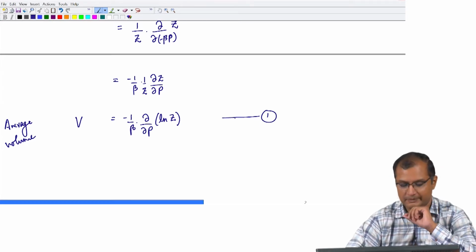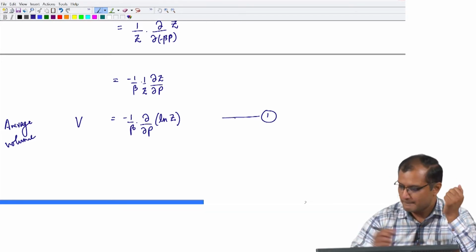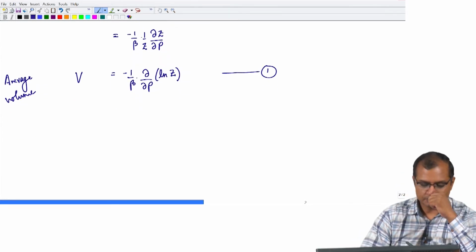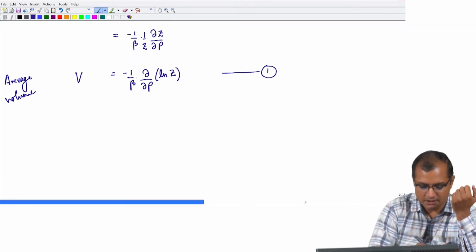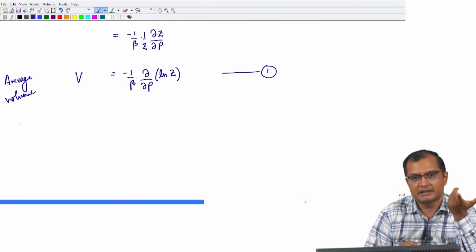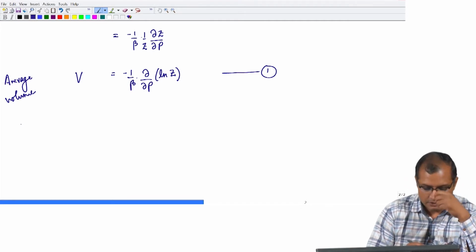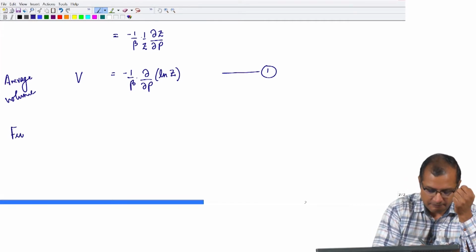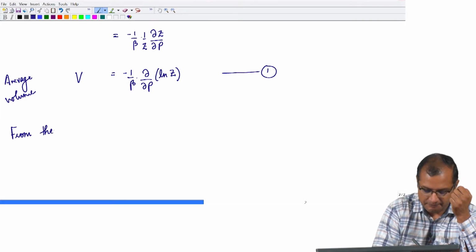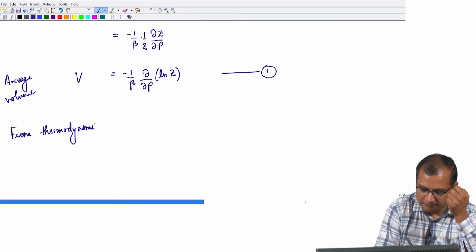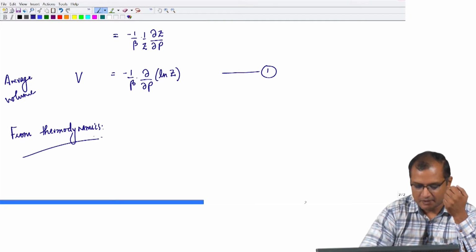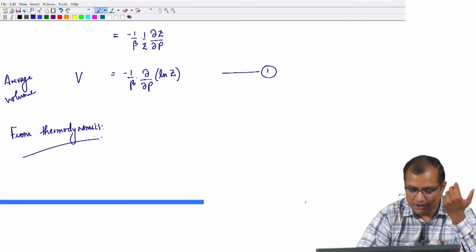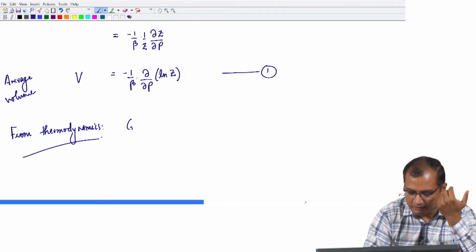Okay. Now, you could also construct this thermodynamic average volume from thermodynamics. So, I already know from thermodynamics that there is an energy scale which goes by the name of Gibbs free energy.